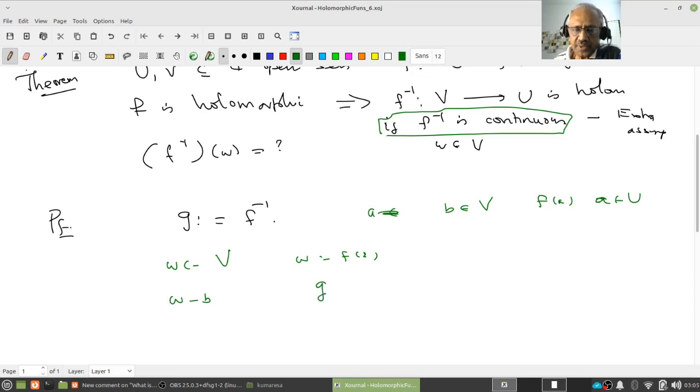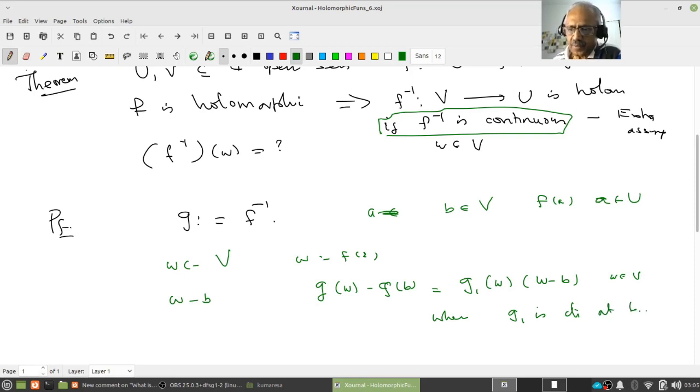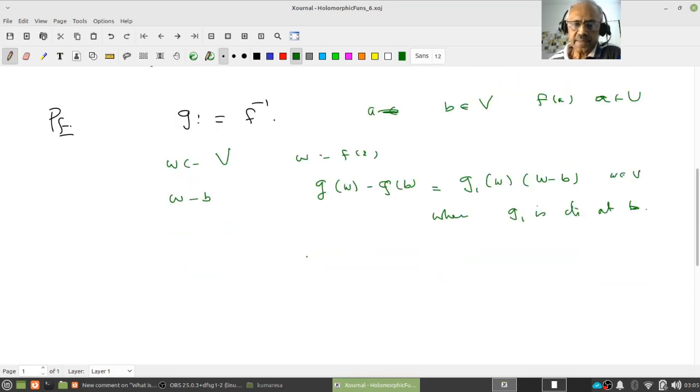I want to prove g is differentiable, that means g of w minus g of b equals some g1 of w into w minus b, where g1 is continuous. This is what we have to prove.